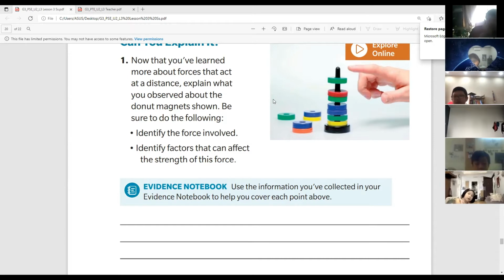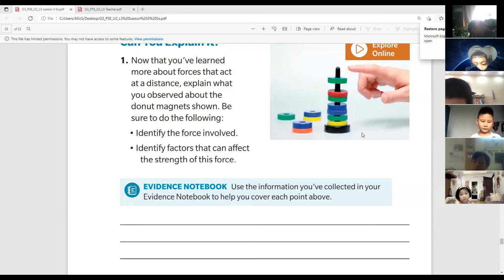This force causes objects to push or pull toward each other without touching.